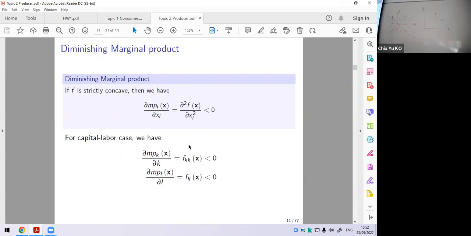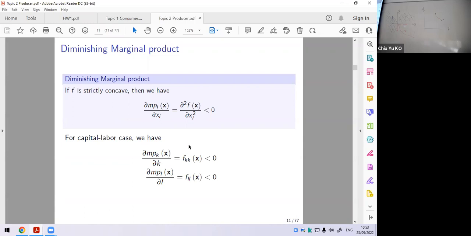If it is still positive, then we would basically employ this unit of input, and the other unit is not important. So if this is positive, in that case we just use capital, very likely. That's why we see a lot of people using machines, right? So that is the idea.